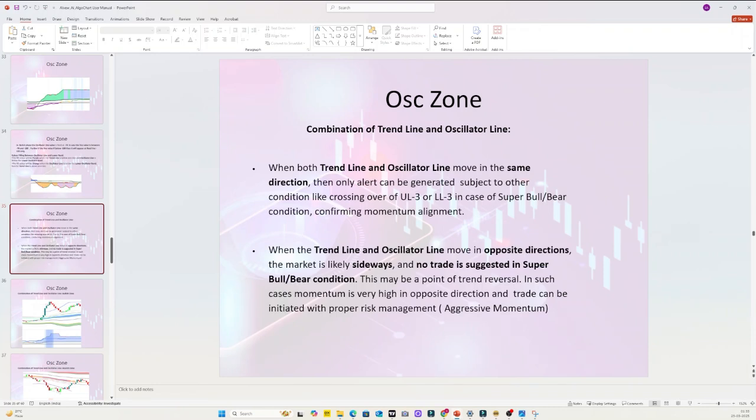When the trend line and oscillator line move in opposite directions, the speed is on the north side, but the trend line is on the south side. Then we see there is likely sideways movement, and no trade is suggested in super bull or bear condition, because the super bull or bear condition should always be unidirectional. This may be a point of trend reversal as well, which we have to keep in mind.